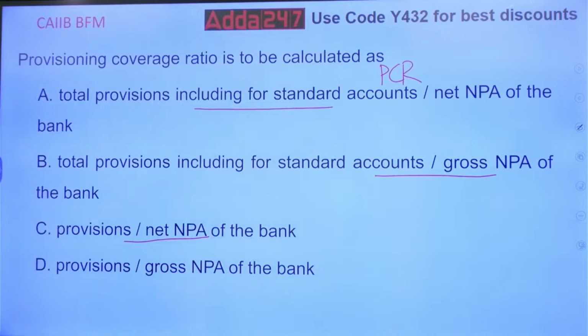So now think. Mainly remember it's for gross NPAs. It's never calculated for net NPAs. So two answers are gone, right? So which one is correct then?